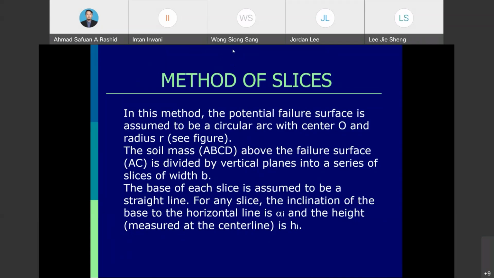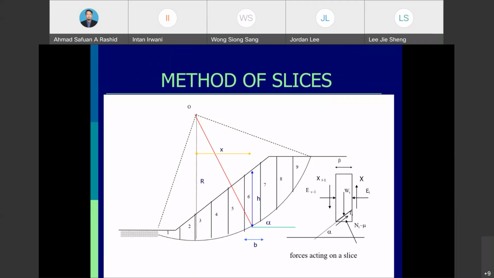For any slice, the inclination of the base to the horizontal line is alpha, and the height of the slice at the center line is h. This is an example of the method of slices approach.